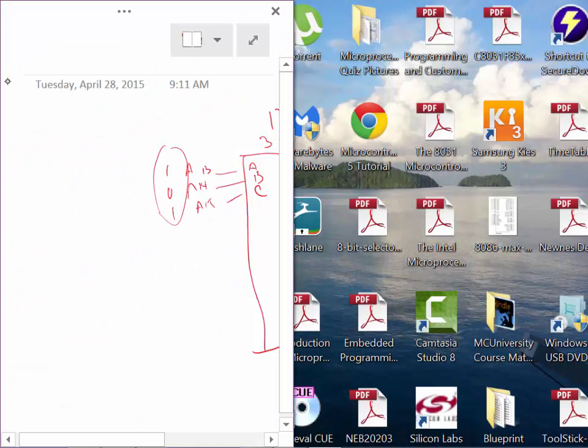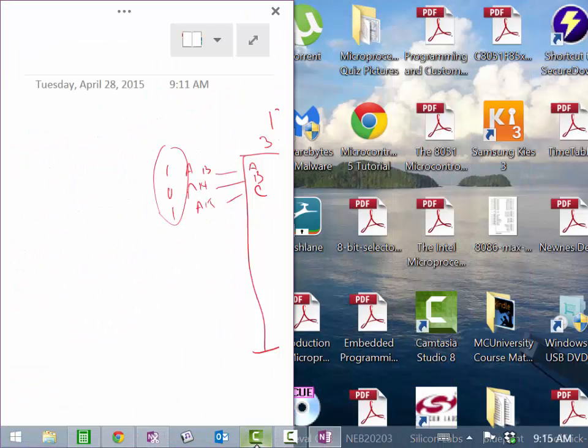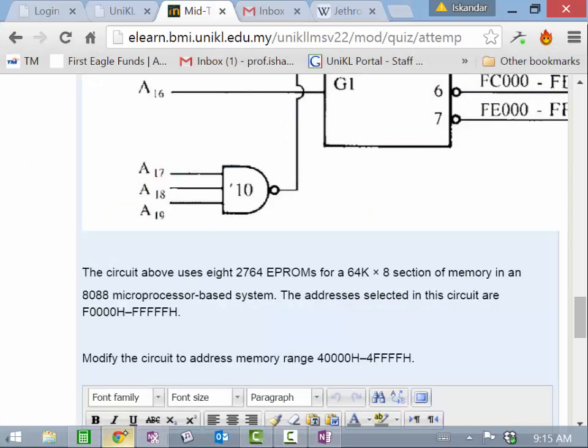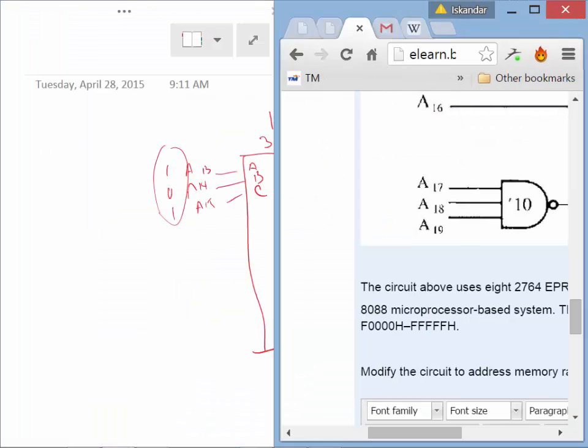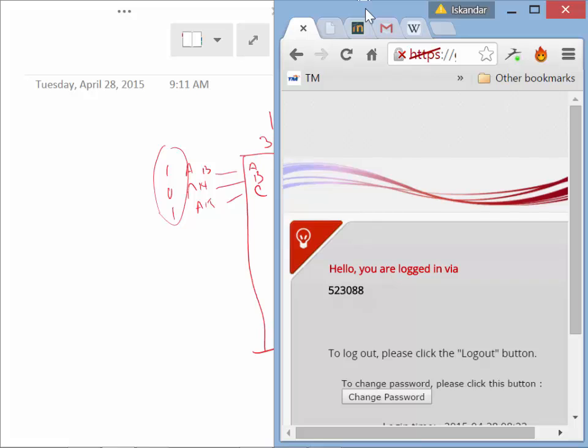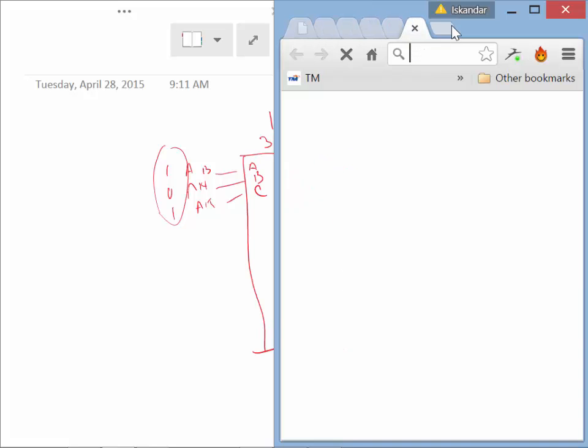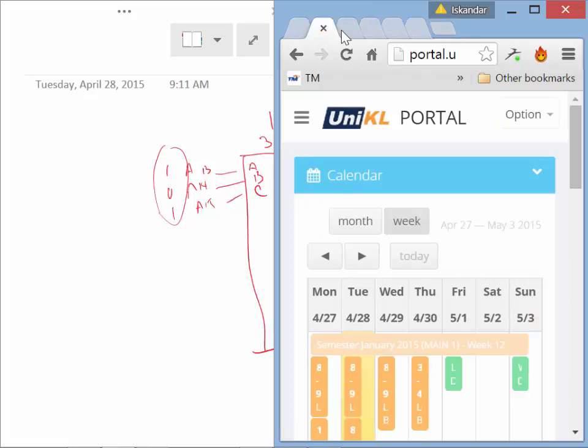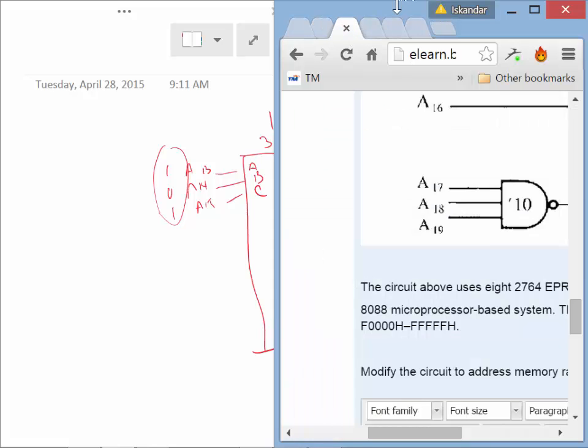And I don't know how well this is going to work, but all right. Did I lose it? Okay, there we go. All right.